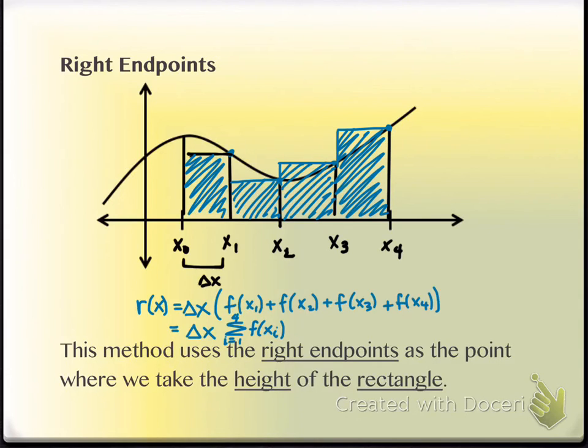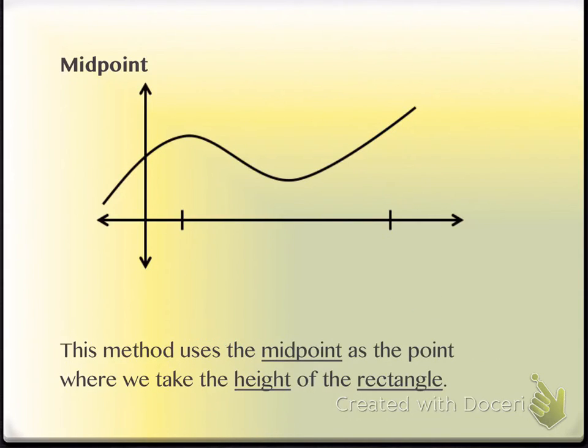One more. We use the left endpoint, we use the right endpoint, and the last one that we're going to use is the midpoint. We're going to use the midpoint as the point where we take the height of the rectangle. Okay, draw your same 4 rectangles you had before.